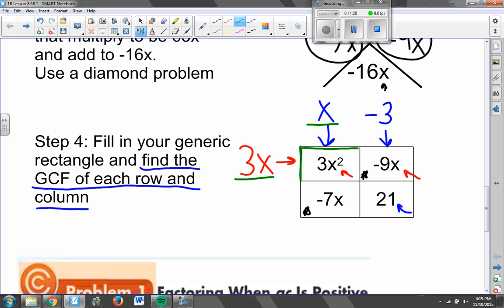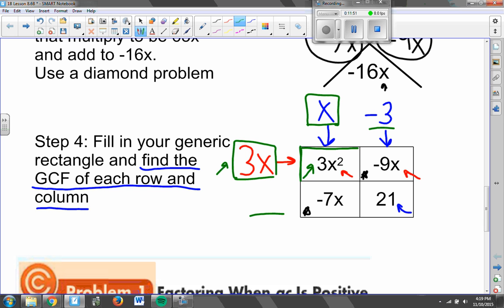There's no negative sign in here, so there's going to be no negative sign out here. So I'm just leaving it as 3x so that I can still have my 3x squared in my top left box. Okay. In fact, I will tell you that this term here and this term here will not be negative for any of our purposes.